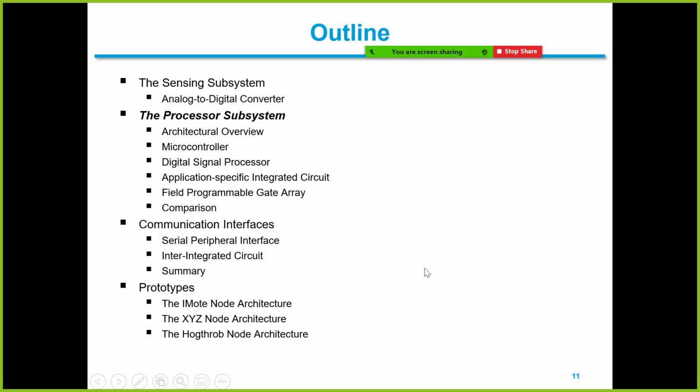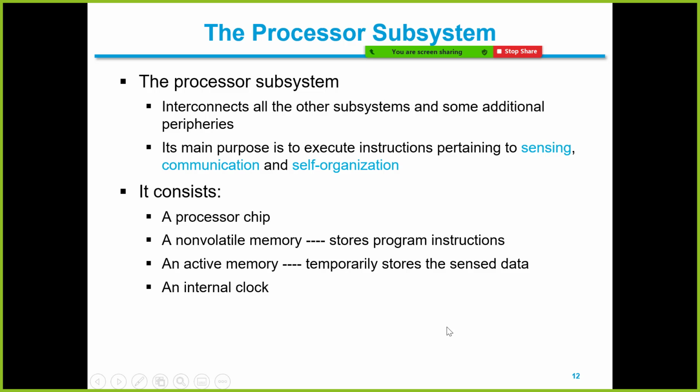Okay, the processor subsystem. This processor subsystem interconnects all the other subsystems and other peripherals. The main purpose of the processor subsystem is to execute instructions pertaining to sensing, communication, and self-organization.